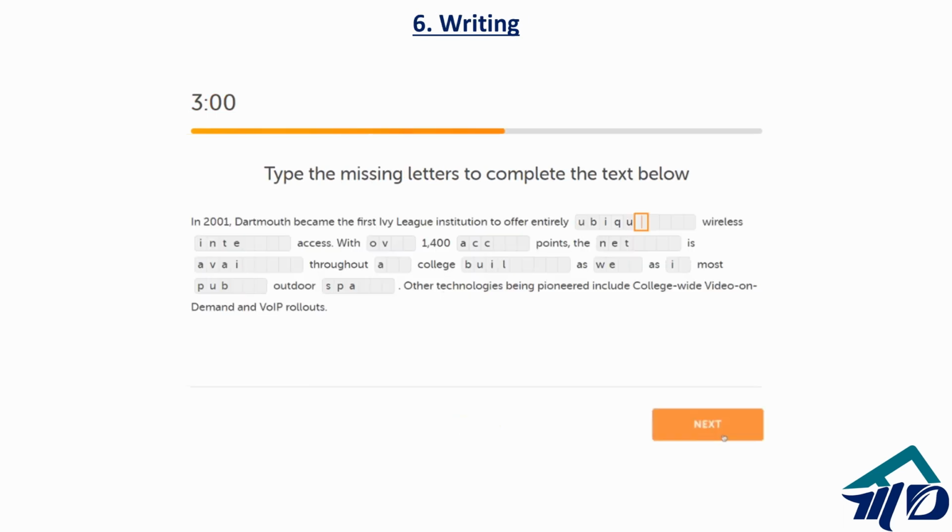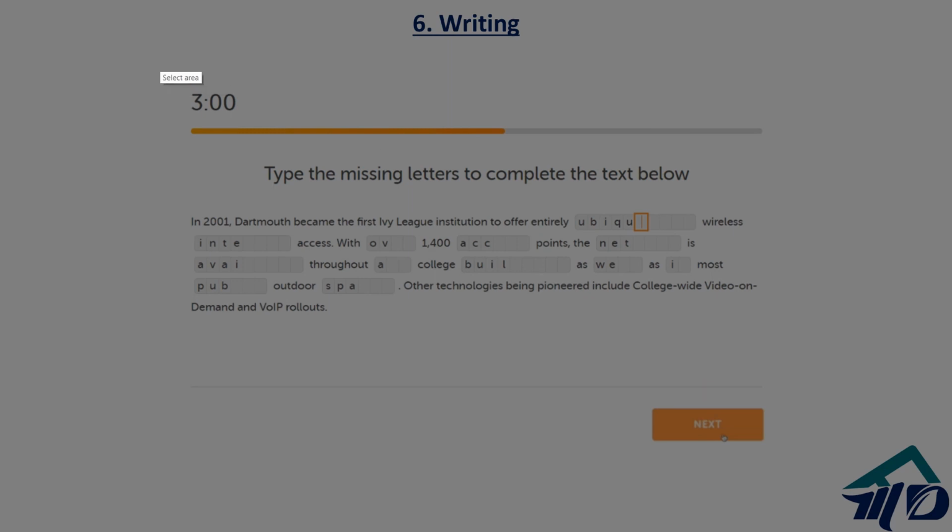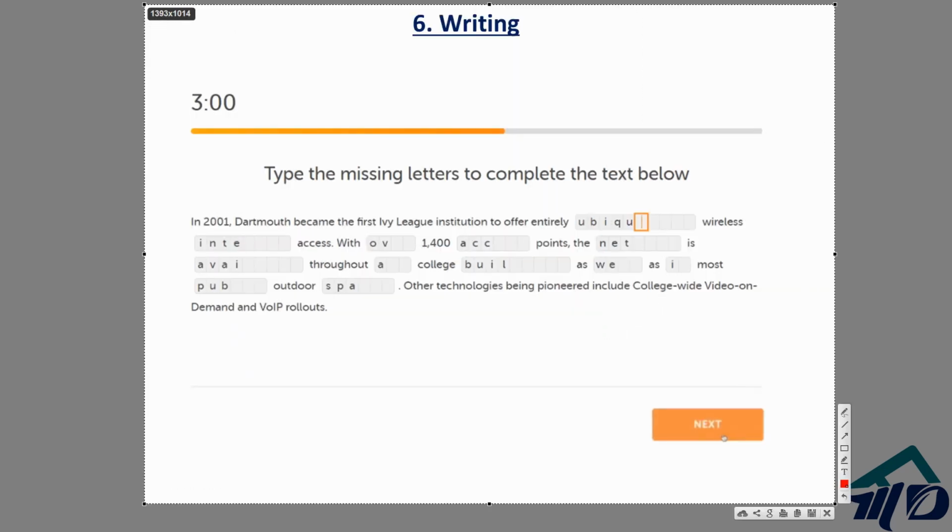Coming on to your sixth one, that is type the missing letters. Type the missing letters to complete the text below. You will get 3 minutes to complete this activity. Again, too much time.